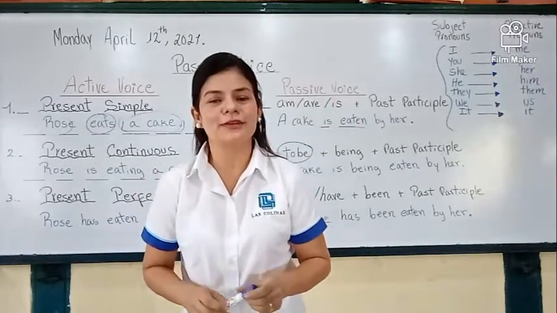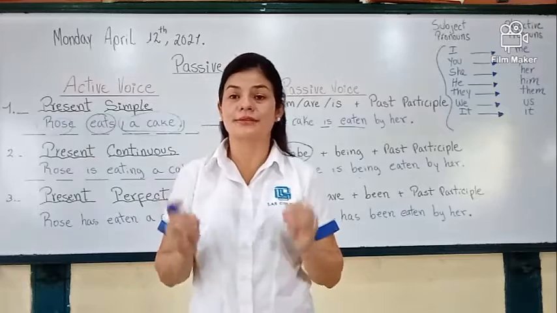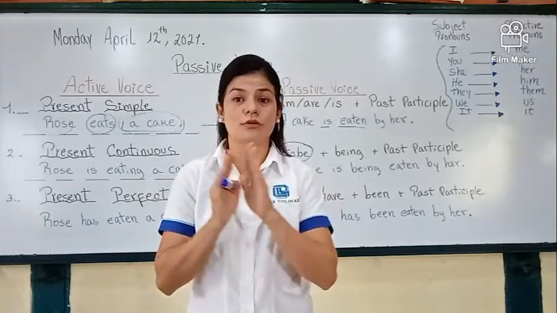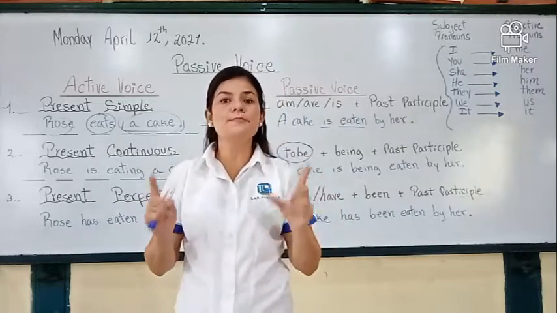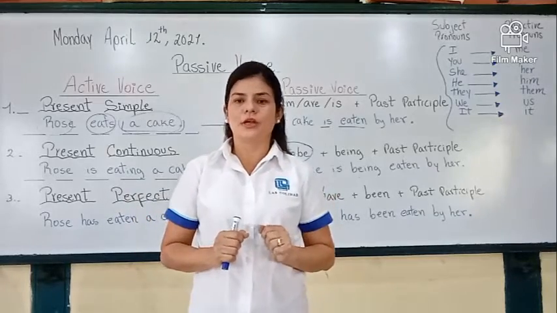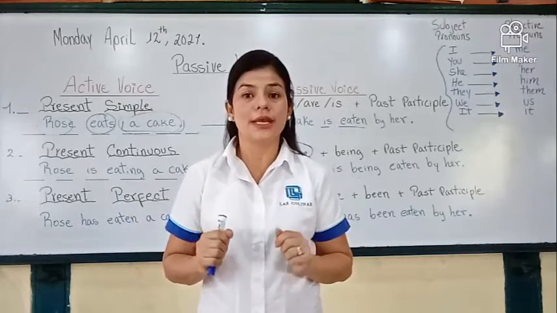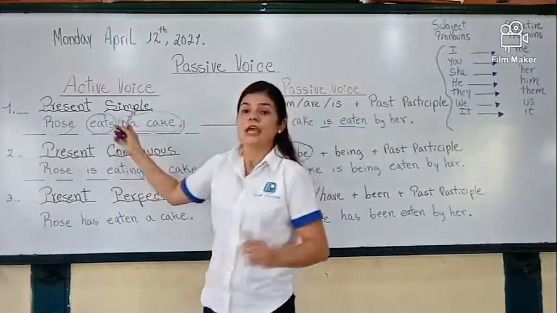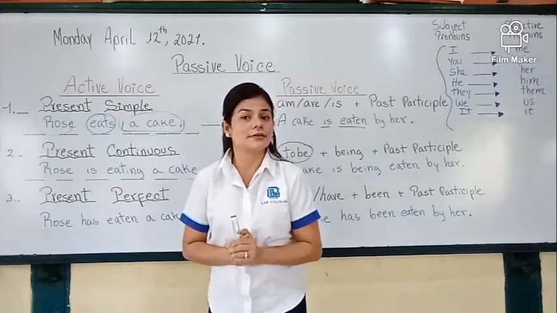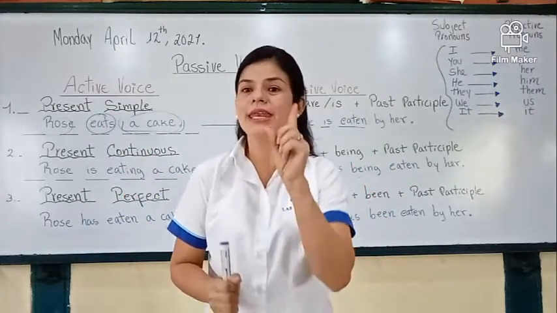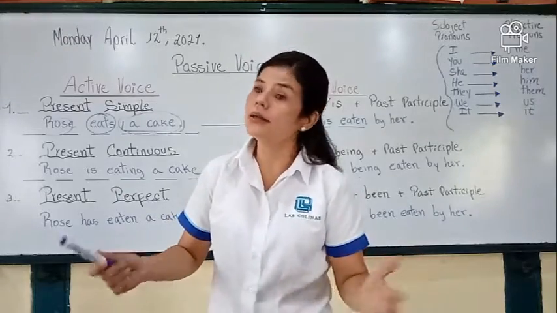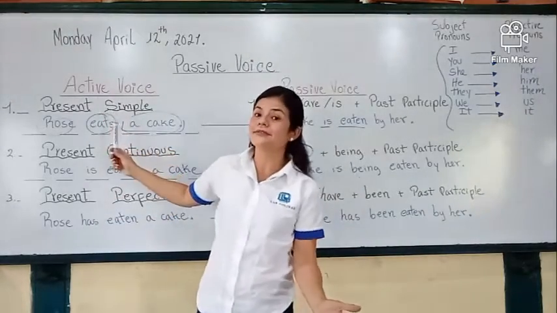Let's continue working with passive voice. As you can see, passive voice changes the focus of the sentences. And the most important part is the object. So let's take a look at the following example. If we want to write sentences using passive voice, we need active sentences.